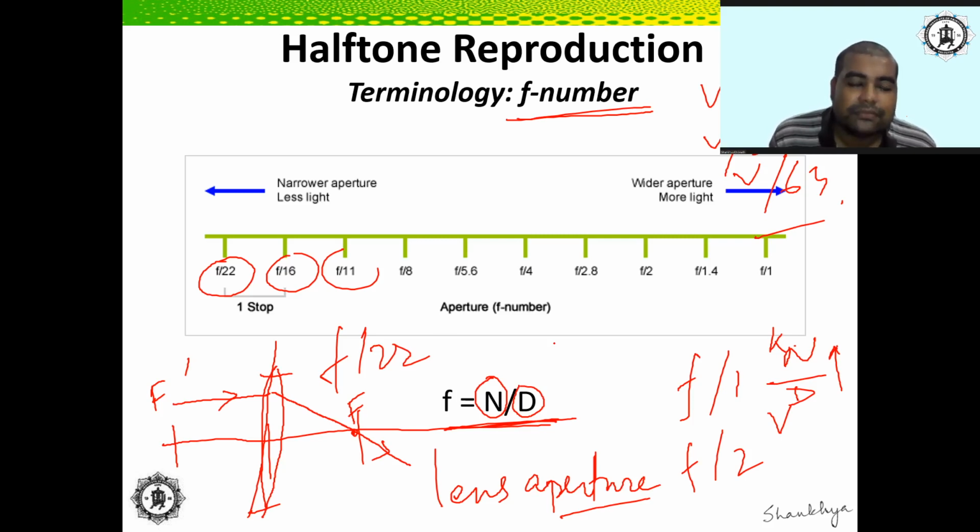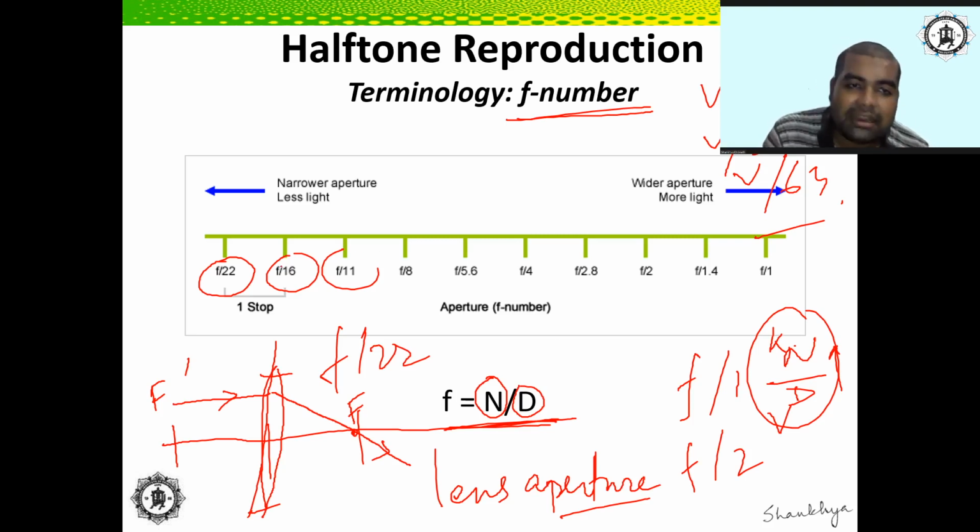Am I right? So D, the diameter, is the denominator in this equation. If the denominator of any fraction increases, does the fraction increase or decrease? It decreases, right?